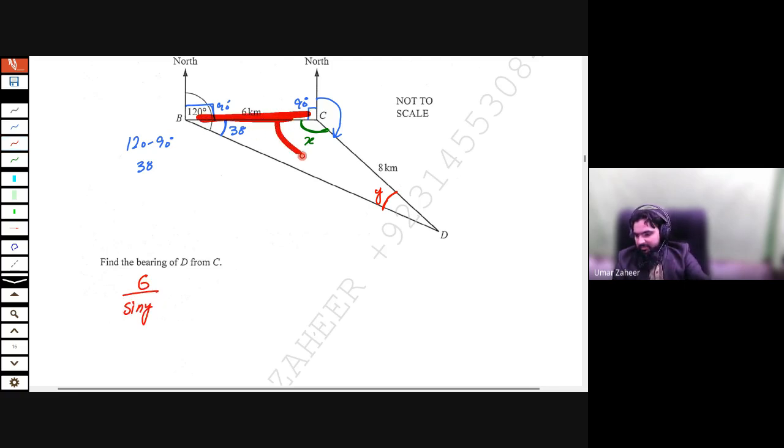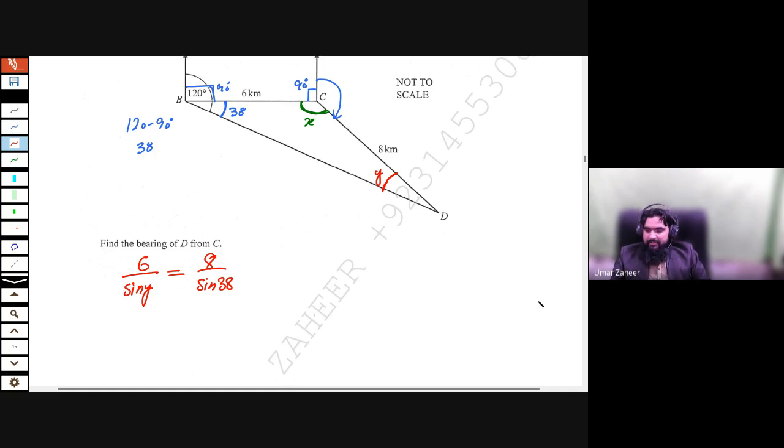Side divided by sine of their opposite angle is equal to side, that is 8 kilometers, divided by sine of their opposite angle. So 8 divided by sine of 38 degrees. Yes, everyone, it is clear.